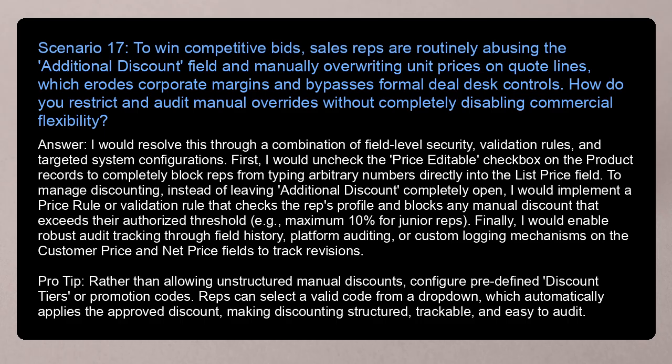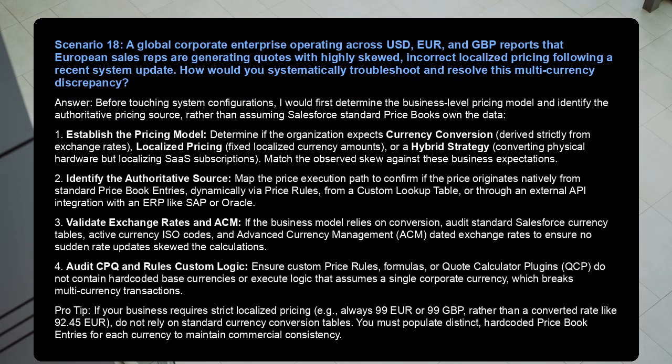Pro tip: rather than allowing unstructured manual discounts, configure pre-defined discount tiers or promotion codes. Reps can select a valid code from a drop-down, which automatically applies the approved discount, making discounting structured, trackable, and easy to audit.